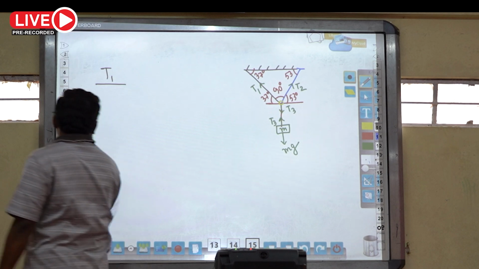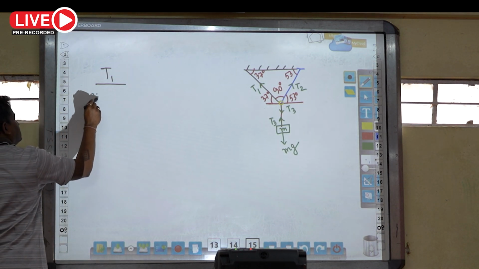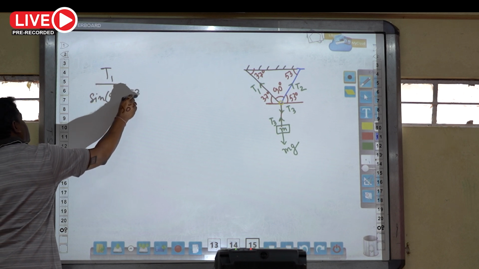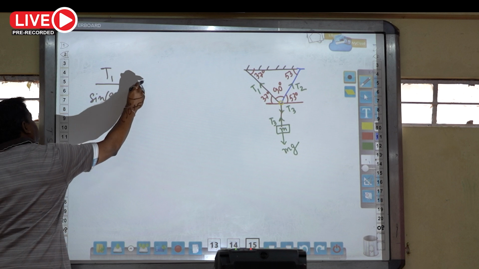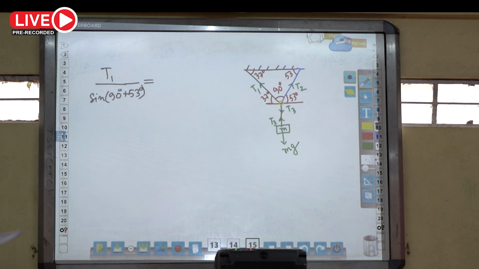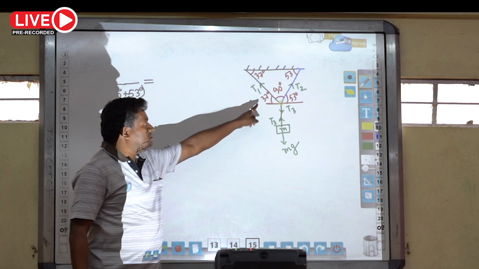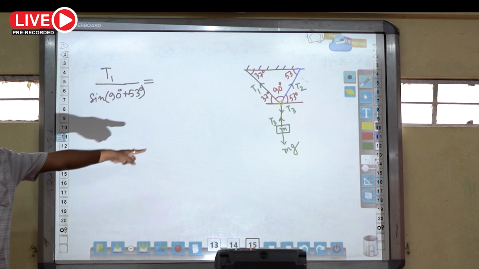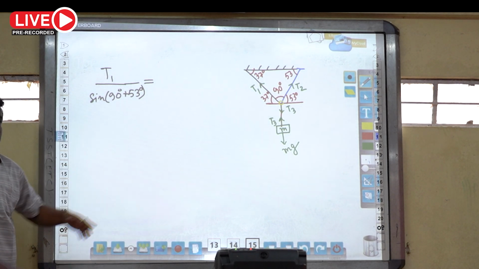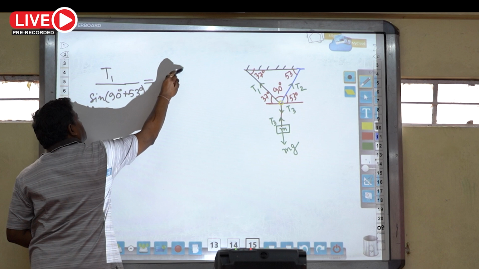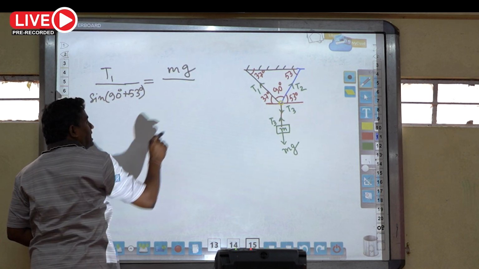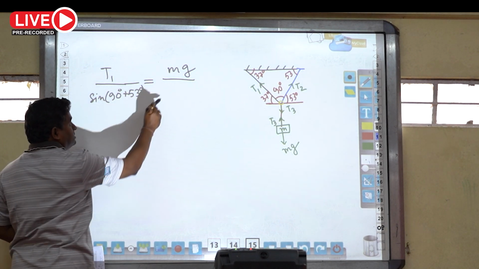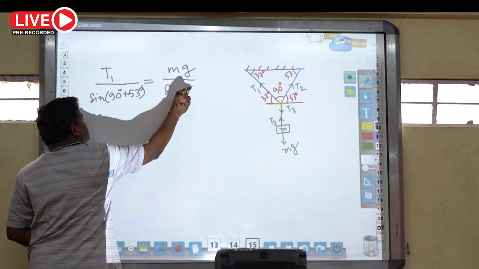So T1 by sin(90 plus 53), that is equal to T2 by the corresponding angle, but that is not required. T3, but we know that T3 should be equal to mg. So it will be mg divided by the angle opposite to T3, that is 90, sin 90.